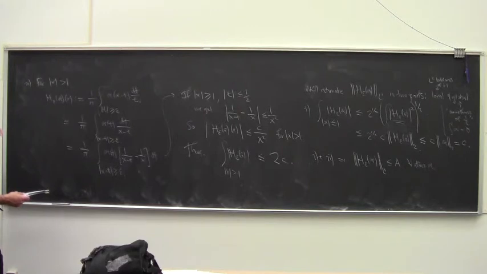You add and subtract a 1 over x, and since the integral of a is 0, this goes to 0.